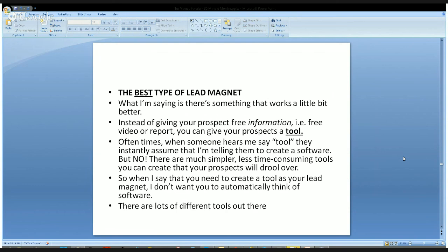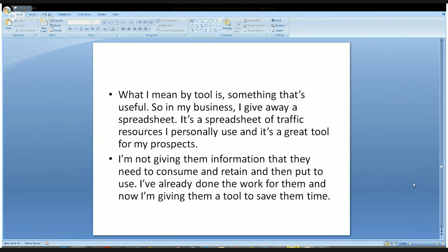There are lots of different tools out there. What I mean by a tool is something that's useful. So in my business, I give away a spreadsheet of traffic resources I personally use. It's a great tool for my prospects. It's something that they can download and then just click on, and they can find a solo ad buyer.